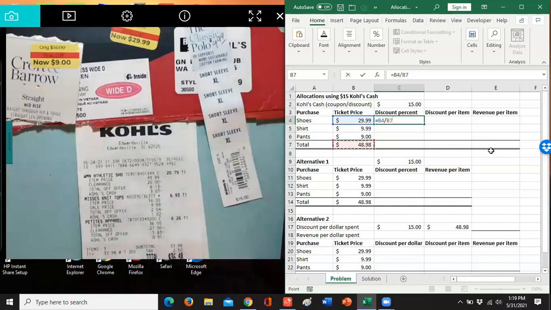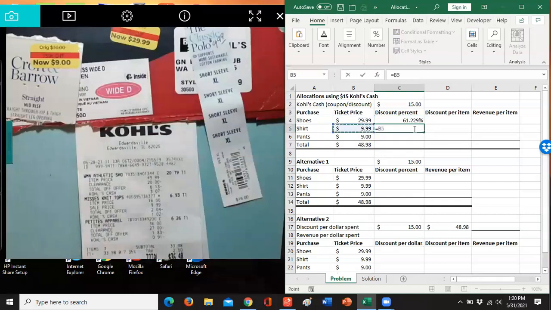Little item, if you hit the function F4, it puts these little dollar signs around your cell. And then it will always go back to this $48.98. So it makes it easier to copy if you're using Excel. So that's about 61%. I'll do this one as well.